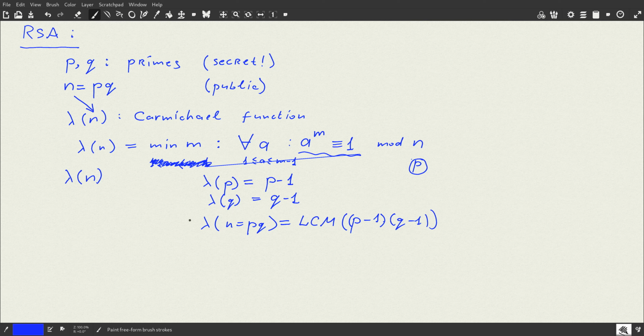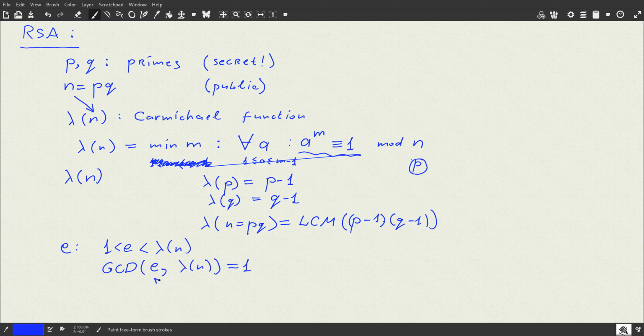Nowadays, LCM is used. Furthermore, now take yet another number, which is denoted by E, which is greater than 1 and less than this lambda of n, and such that the greatest common divisor of E and lambda of n is 1.